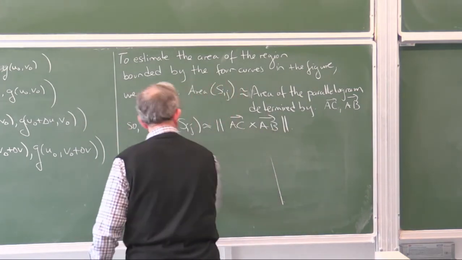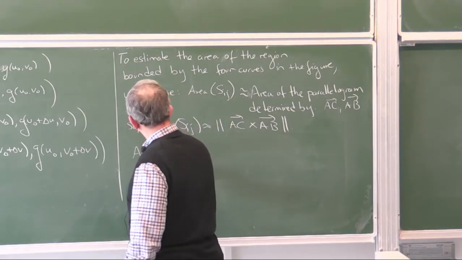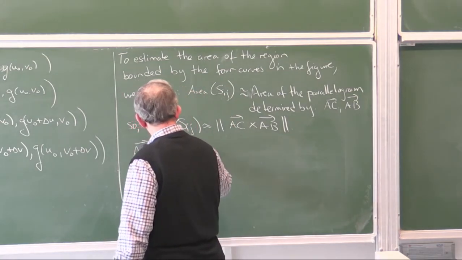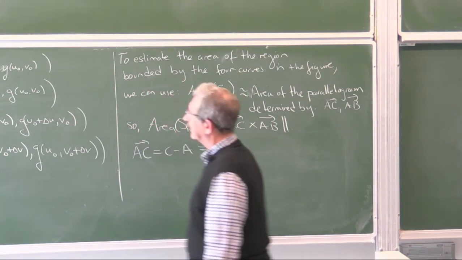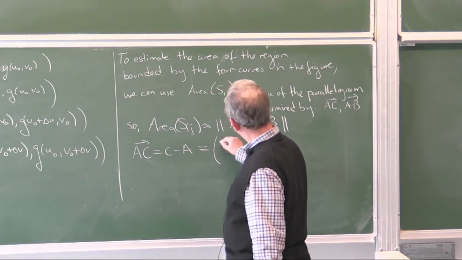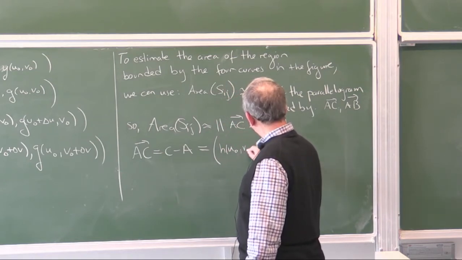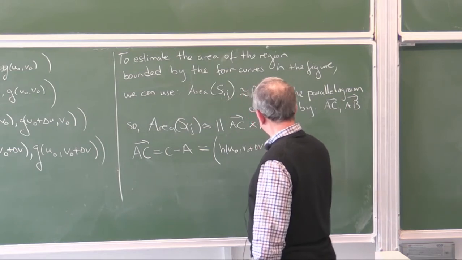Let me calculate this as follows. So, AC being C minus A, from the left side, it is h(u0, v0 plus delta v).